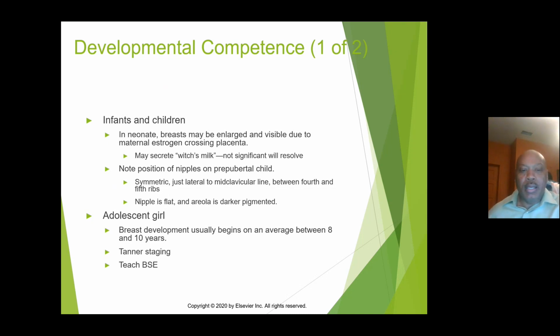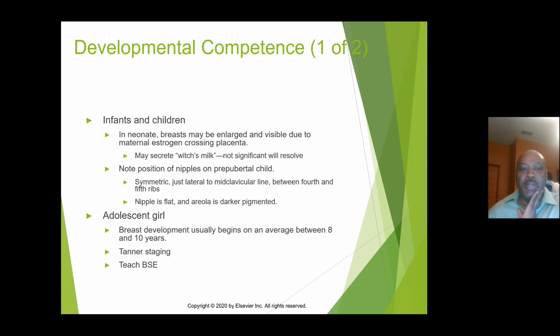And then, of course, stage three, the breast and areola enlarge. The nipple is flush with the breast surface here. And then there's stage four, the areola and nipple form a secondary mound over the breast. And then, of course, the last stage, which is a mature breast, only the nipple protrudes.